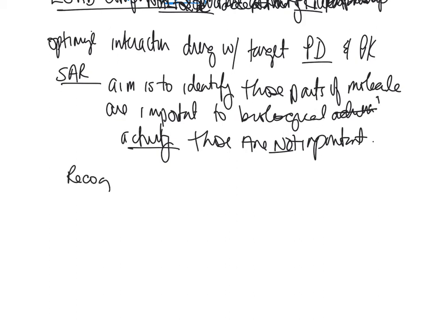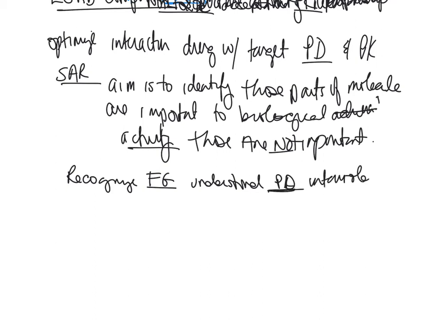Okay, so our goal here is to recognize the functional groups. We want to understand their bonding. So this is for PD, pharmacodynamics. We want to understand their intermolecular forces, interactions towards the binding site.